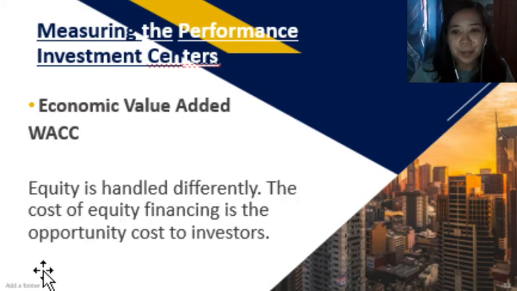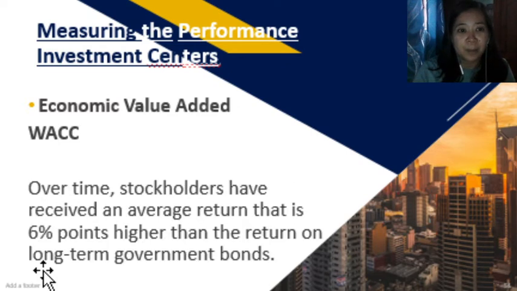What about if the source of funds is from the shareholders? We will use the equity, and in equity we handle this differently. The cost of equity financing is the opportunity cost to our investors. Over time, stockholders have received an average return that is 6 percentage points higher than the return on long-term government bonds.